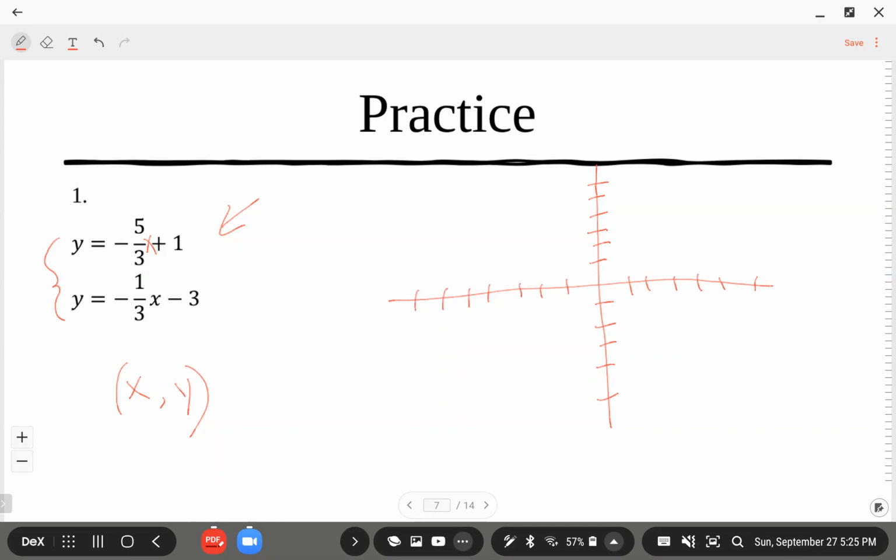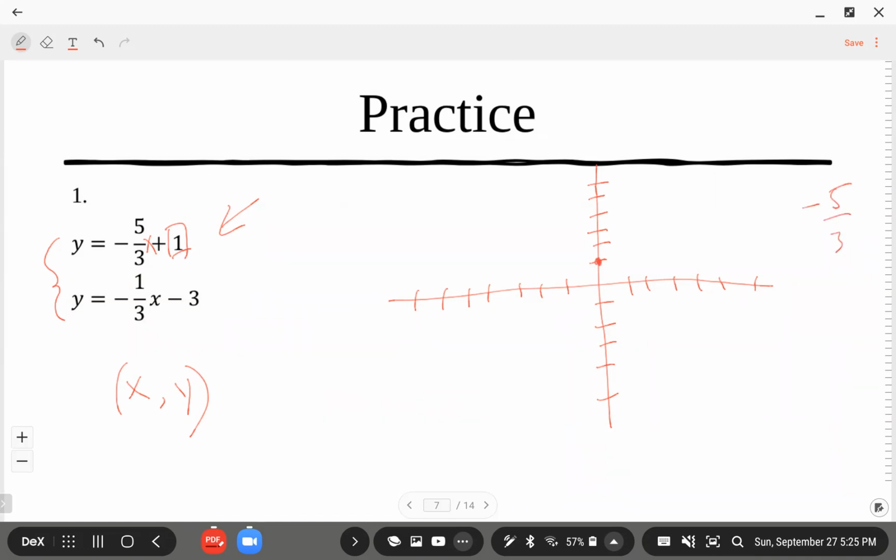Okay, there we go. So our first equation, our y-intercept is 1. Make that a point. And then we have negative 5/3 x, that's our slope. Negative 5/3.